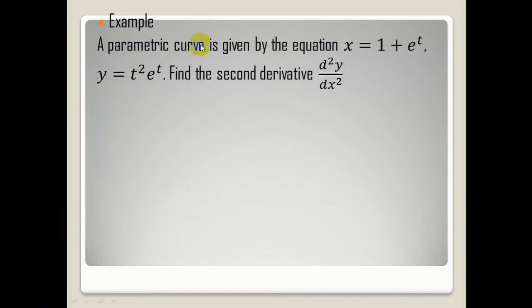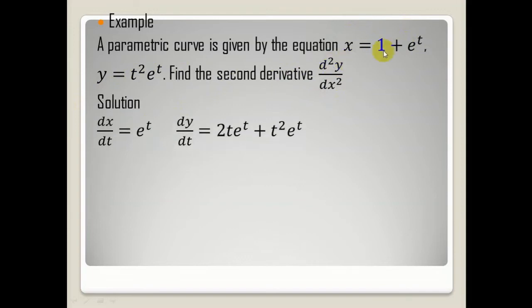A parametric curve is given by the equations x equal 1 plus e to the power t and y equal t squared e to the power t. Find the second derivative d squared y over dx squared. So you need to make this first the first derivative.